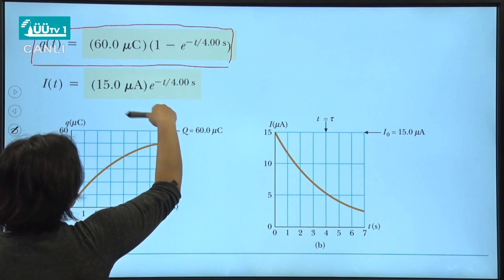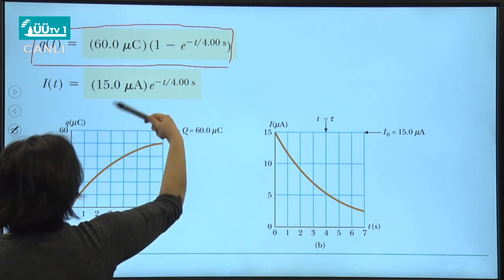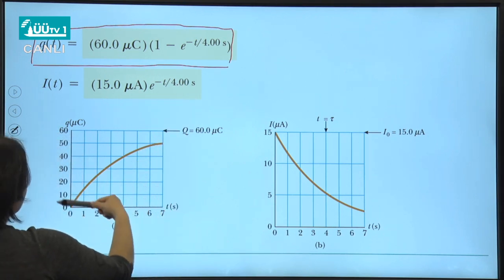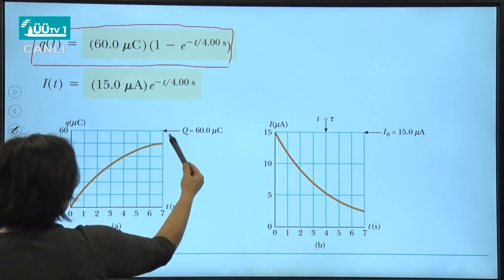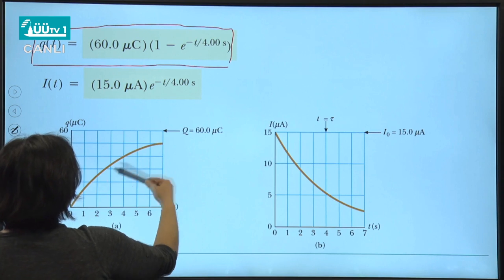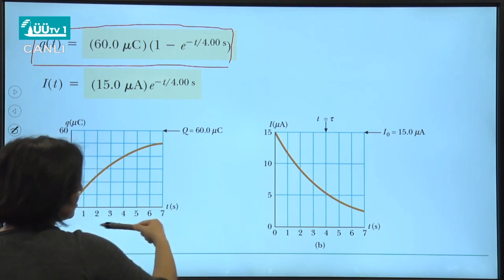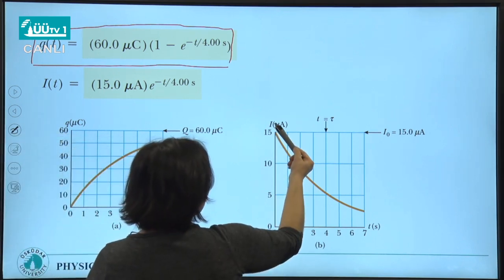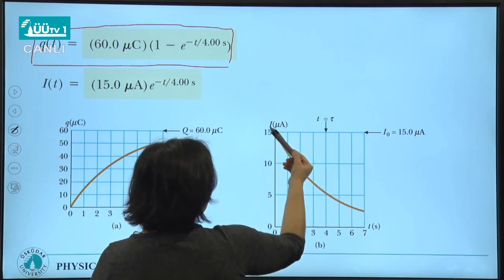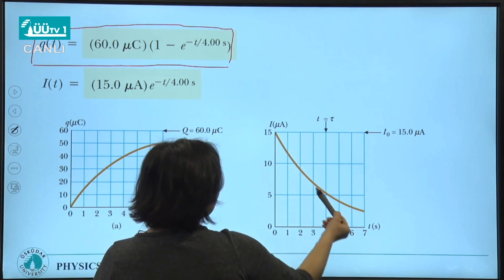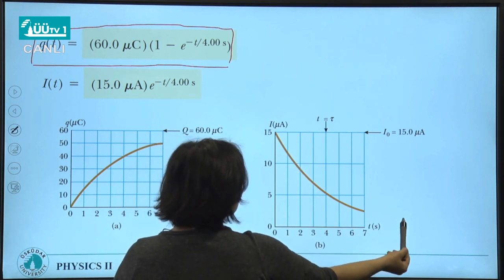Also, when we give some values, you can draw the graph: the charge approaches the maximum charge as the time goes to infinity, and the current is always decreasing while we are charging. While we are discharging, the current will decrease as the time goes to infinity.